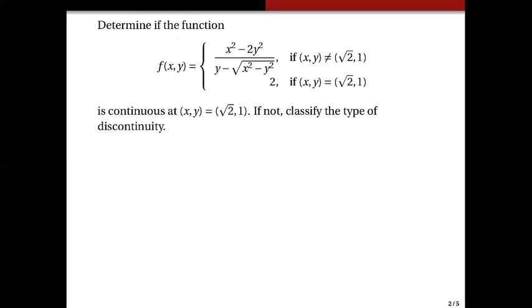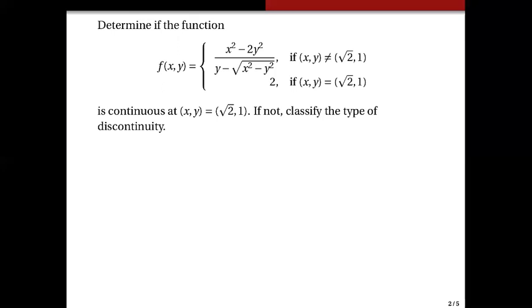You get maybe two or three paths passing through the point in discussion. So we will try to get a path that passes through (square root of 2, 1), and then we will show that the limit may or may not exist.